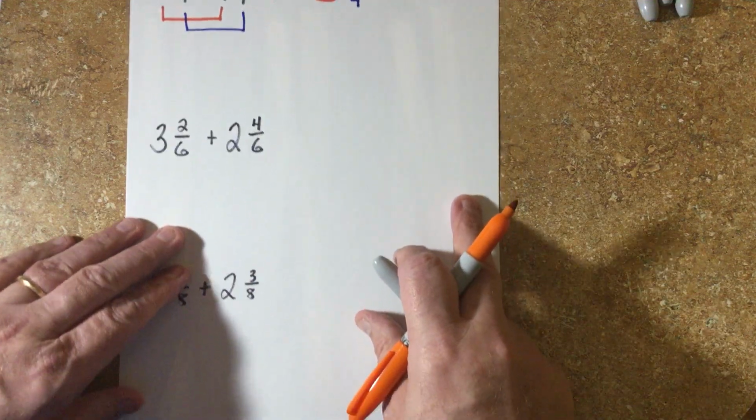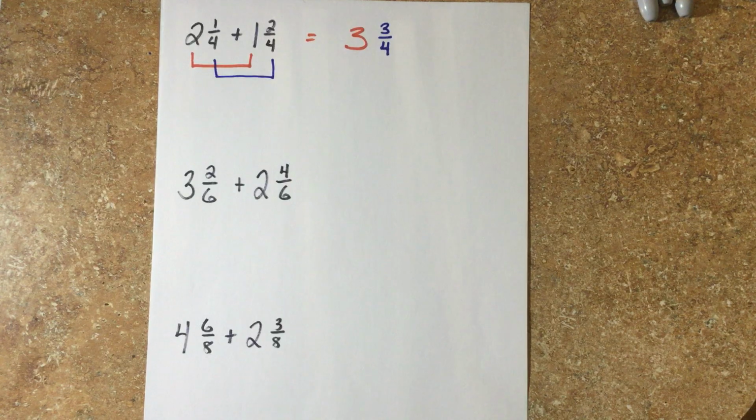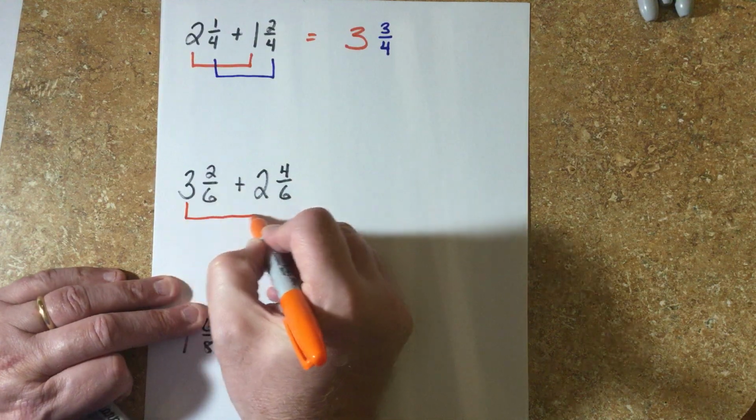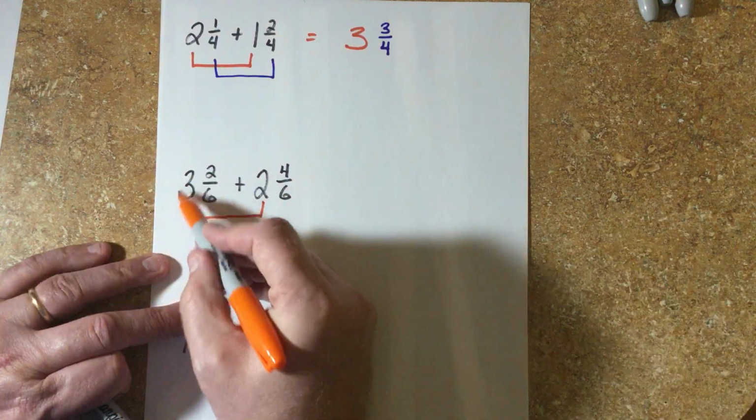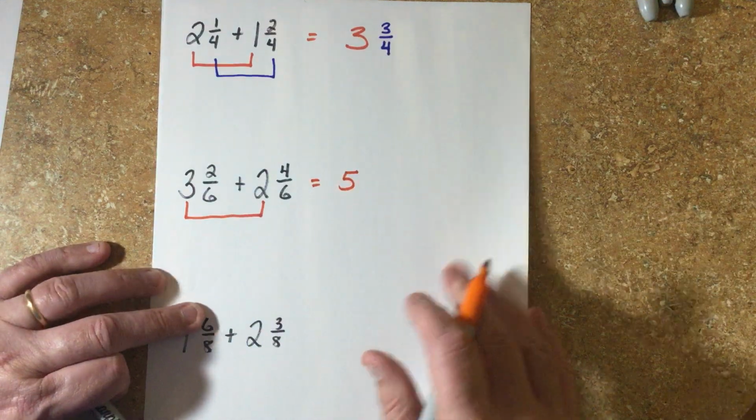On our next example, we have, I'll keep that there so you can see it, 3 and 2/6 plus 2 and 4/6. And again, I'm going to do this the same way. I'm going to go ahead and add the whole numbers. So 3 plus 2 is 5.